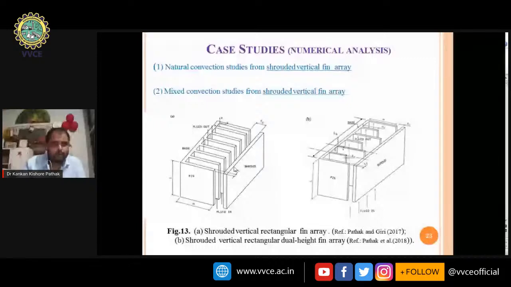Now, in the next slide, I will tell the same thing. Along the fin, the height is constant.